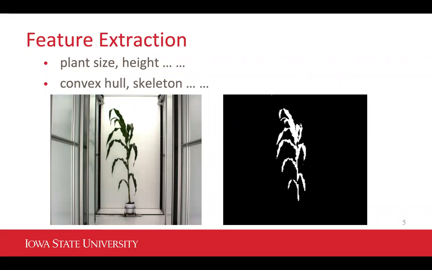And we do the same for the size of the plant. We can just add up the number of pixels of the plant and treat it as the size of the plant. We can also get the architecture of the plant by considering the convex hull or skeleton of this binary image. So we can actually do a lot of things once we have a very nice segmentation.